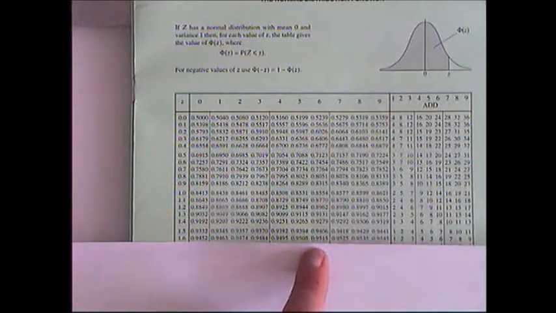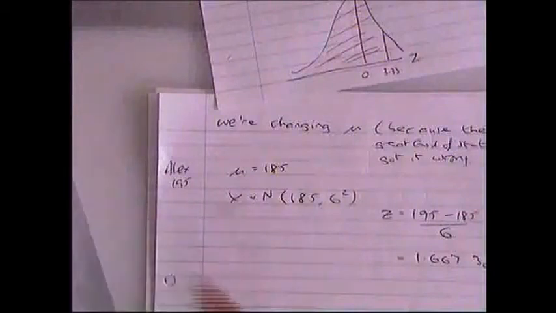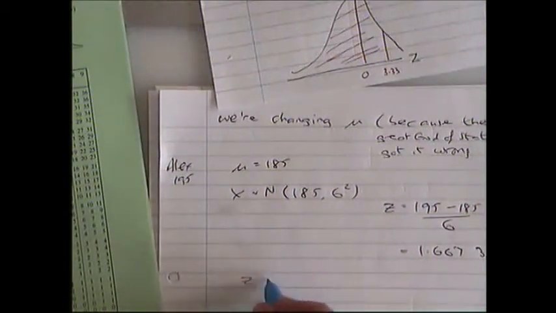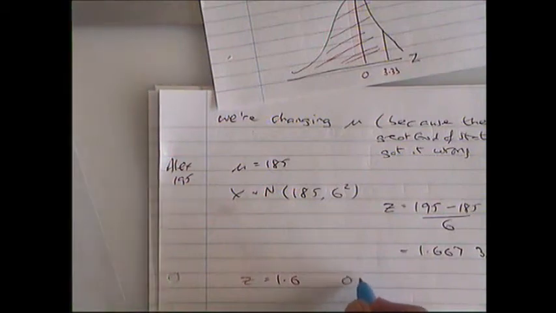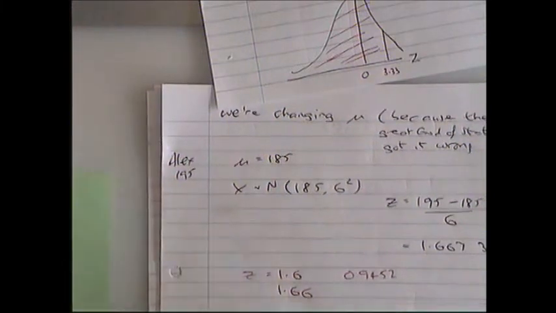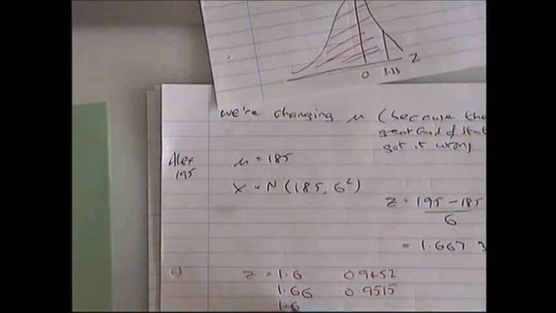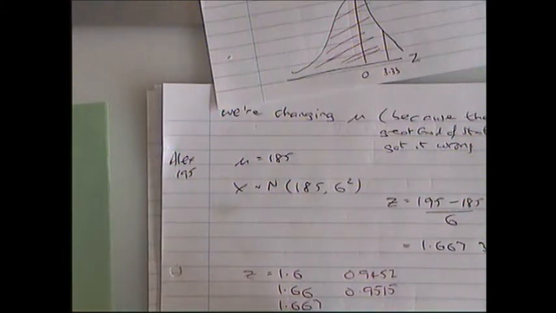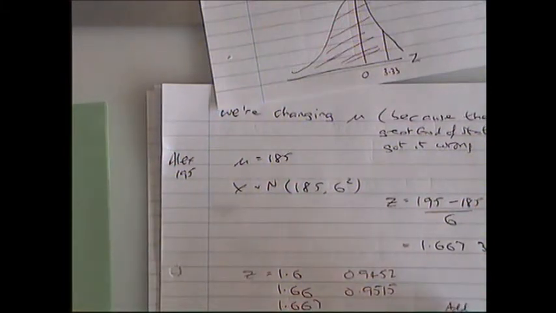Okay? So if I write that down, if we're using the tables, we said that a z value of 1.6 we could read off really easily. That was 0.9452. 1.66 we needed to go across our tables, across that row until we're under the 6, and then it said 0.9515. Then when I added the extra decimal place, that's 7, what it said over on the right was I had to add on 7.